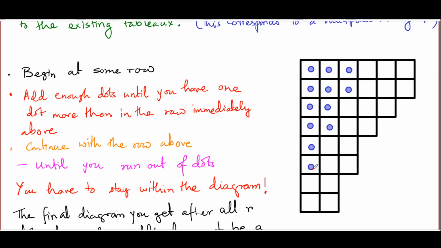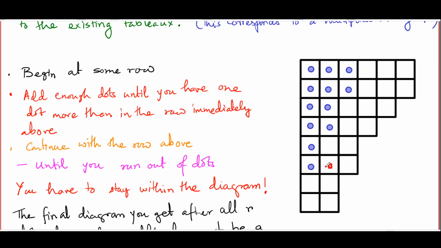In this case, since the row immediately above this one has a single dot, I can only add enough dots to this particular row to make the total number of dots on this row equal to 2, which means I can add at most one more dot to this.